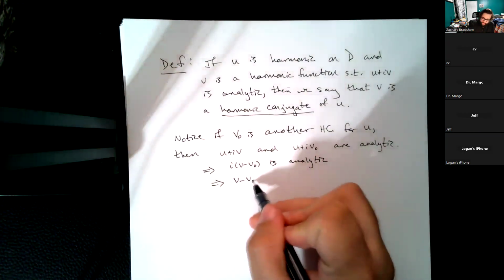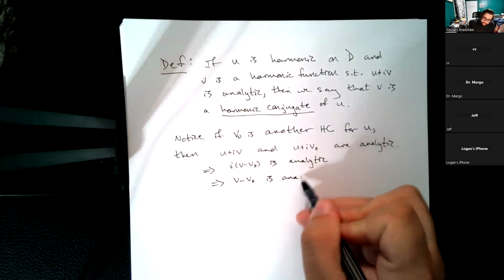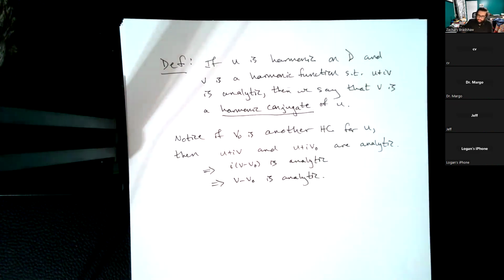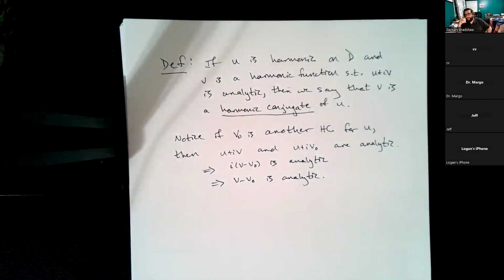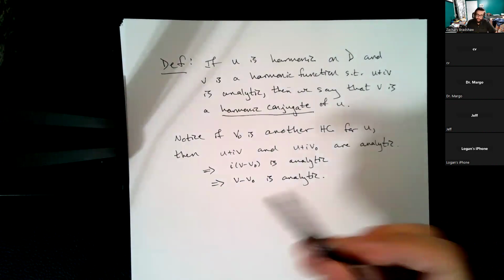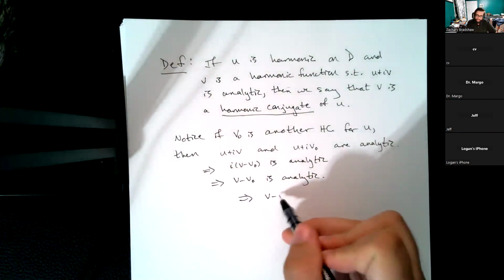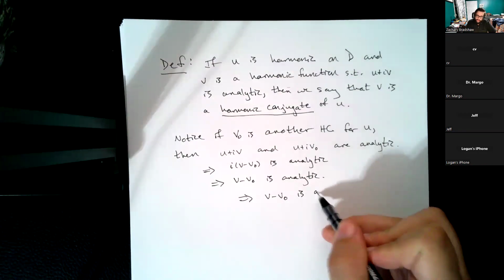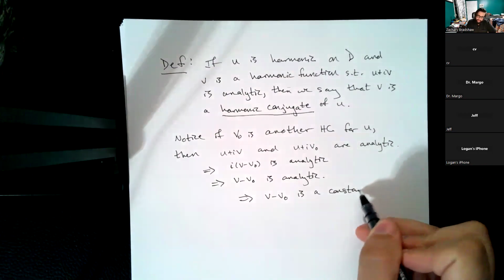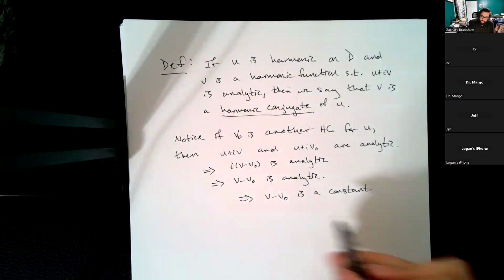So that implies that v minus v0 is analytic. But remember, we had that nice theorem last time that told us that a real valued analytic function has to be constant. Well, here we have a real valued function, which is analytic, so this implies that v minus v0 is a constant.